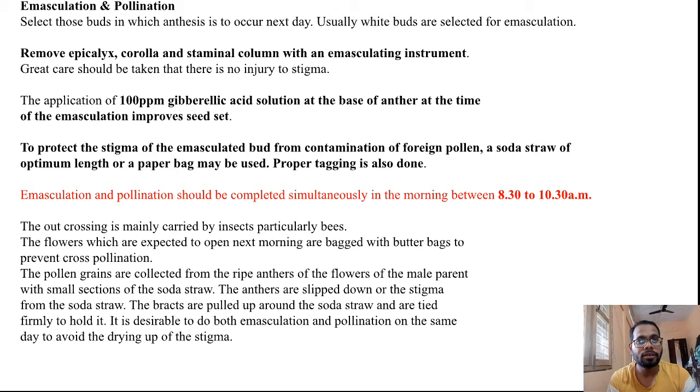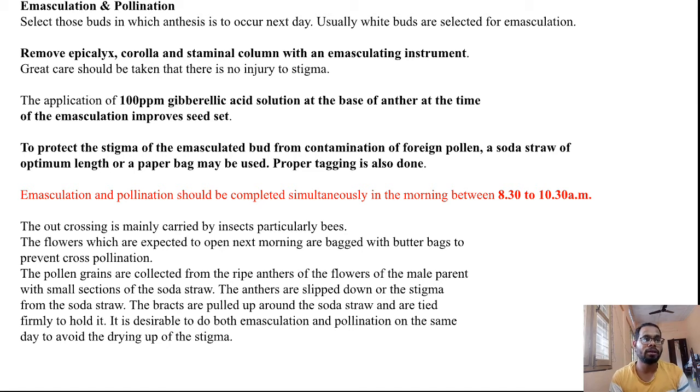What we have to do in cotton for the emasculation process is that first we have to remove the vegetative parts, that are the apicalyx and corolla. Apicalyx is present just below the sepals. These are small bract-like structures present below the sepals. We have to remove this.